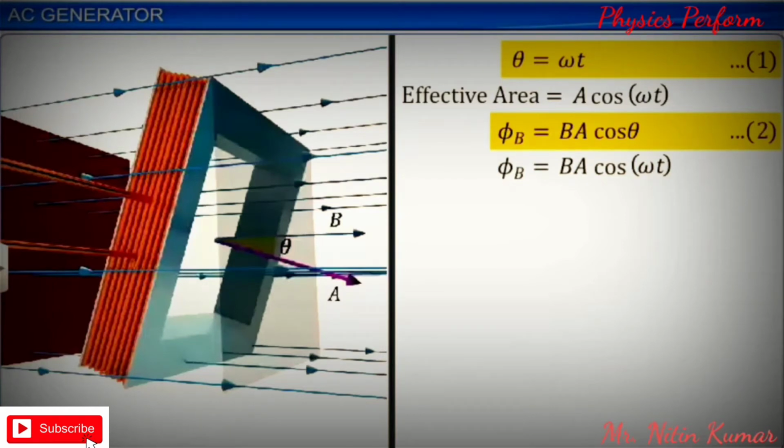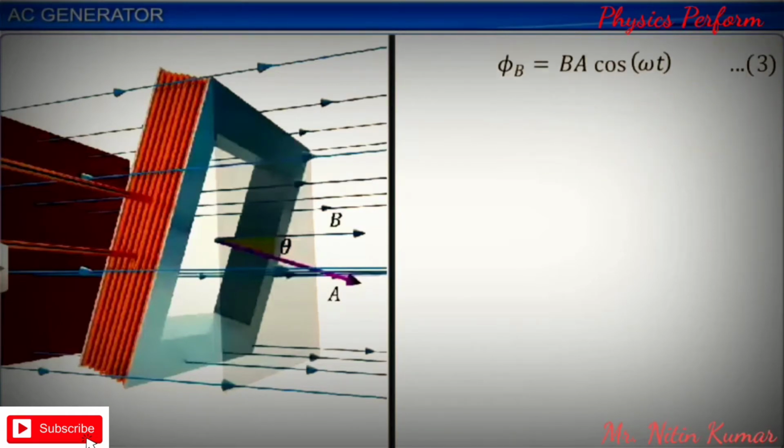Let this be equation 3. From Faraday's law, the induced EMF for a coil of N turns rotating in a magnetic field is given by E is equal to minus N d phi B by dt. The negative sign is in accordance with Lenz's law.